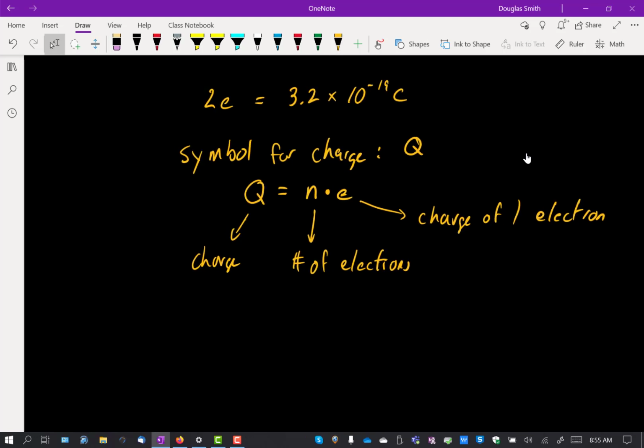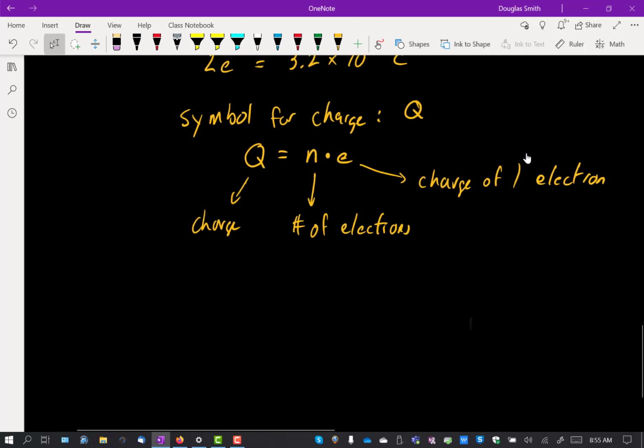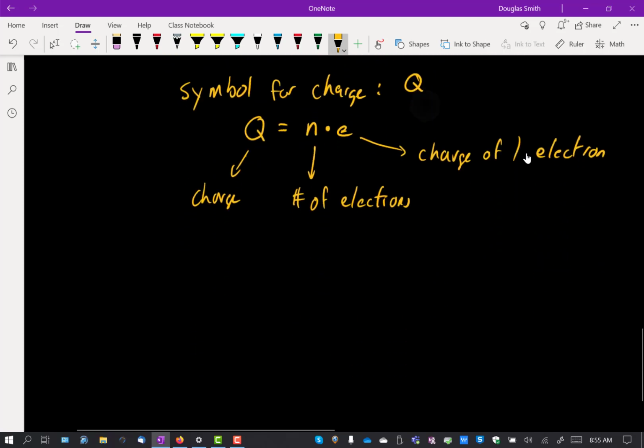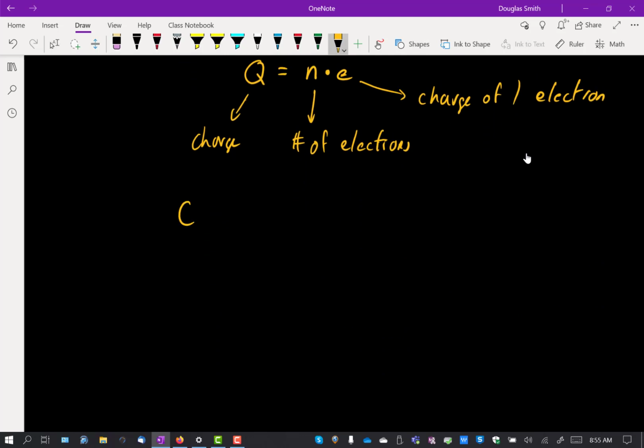What should we do next here? Let's go back to current then. So once again, current is the amount of charge flowing per second. Current is charge per time.